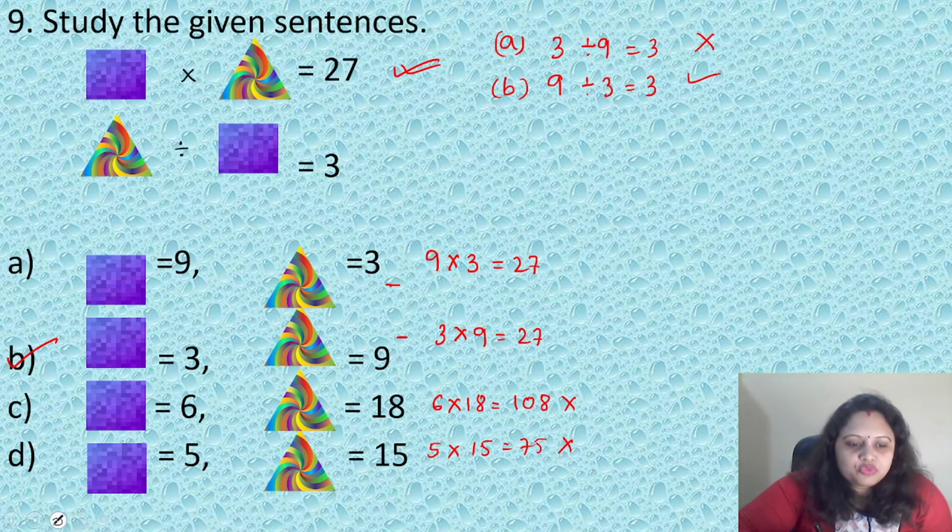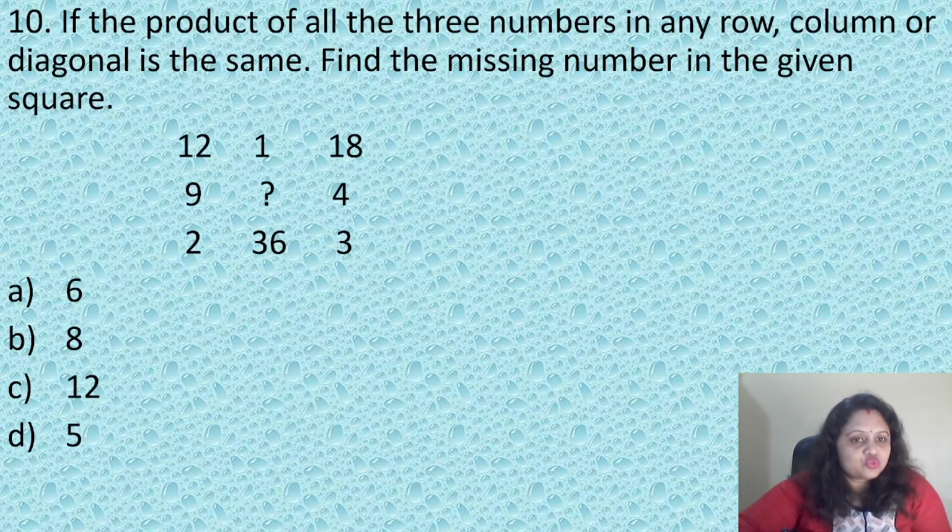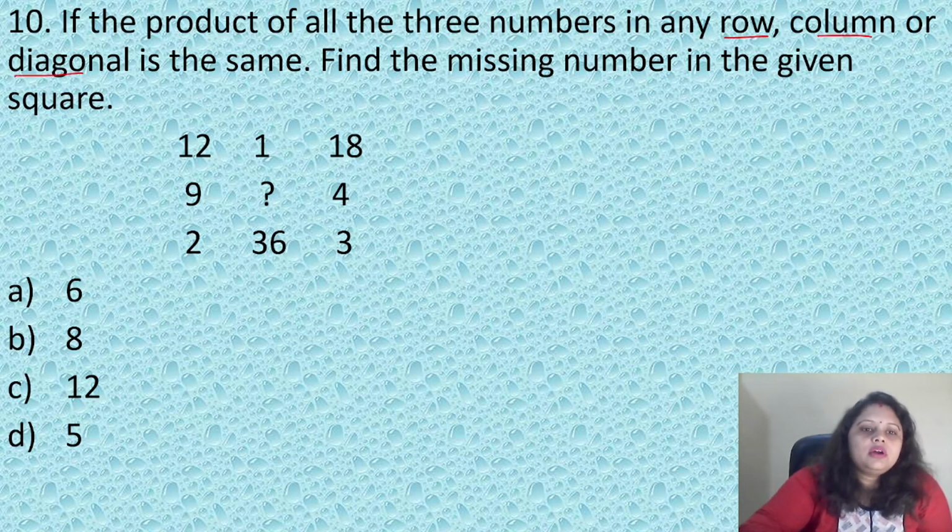Then let's move to the last question of today's video. If the product of all the three numbers in any row, column or diagonal is the same, find the missing number in the given square. So in any row, column or diagonal, the product of all the three numbers is the same.